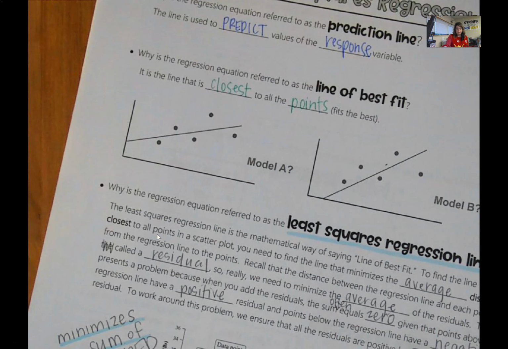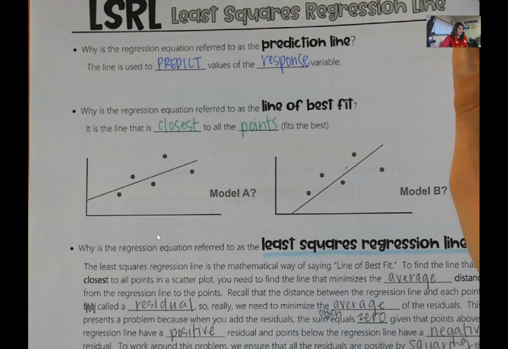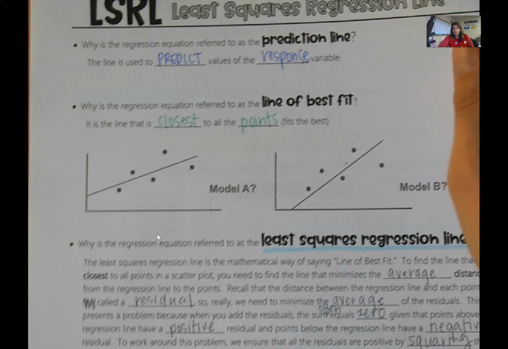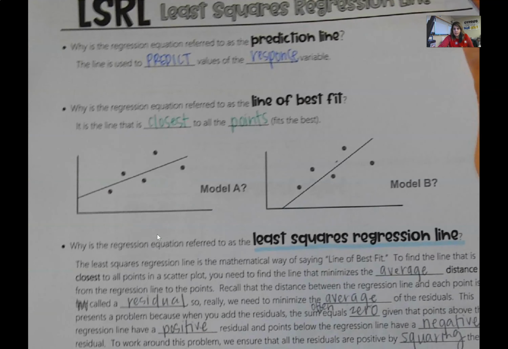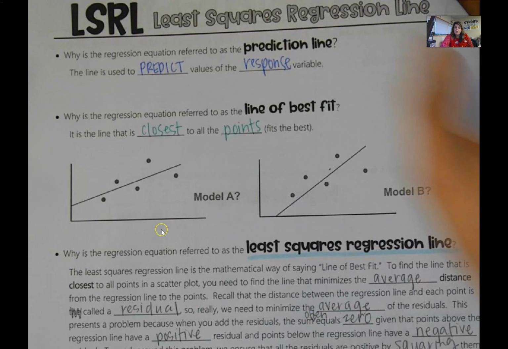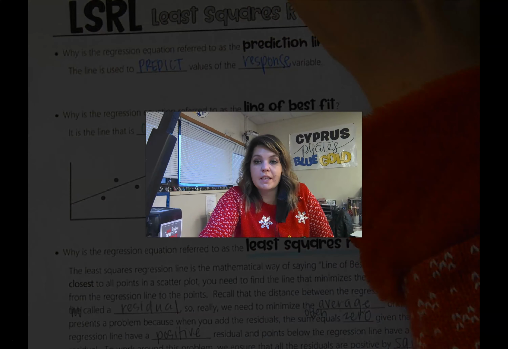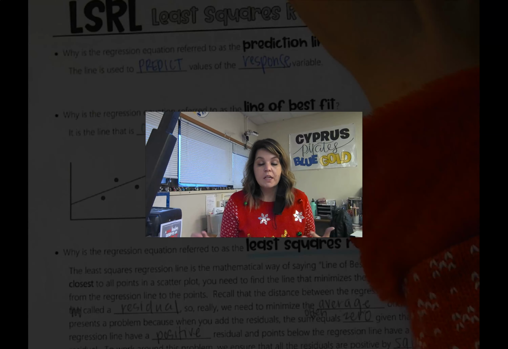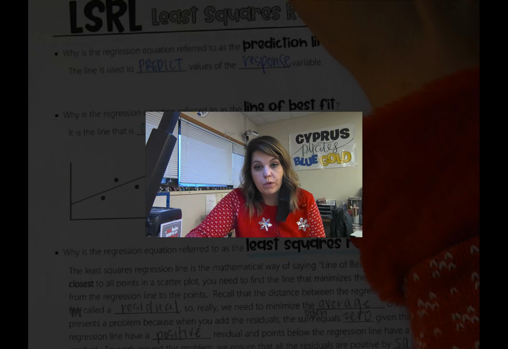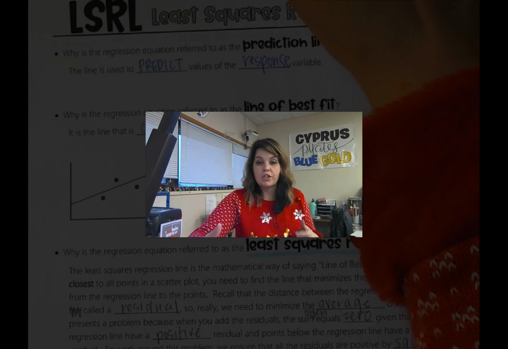Okay, so now that we have gone through the first part of this lesson, you can now go to the lesson questions. I think there's 3 or 4. One thing to note is that these questions are going to be about things that are not specific to the least squares regression line.